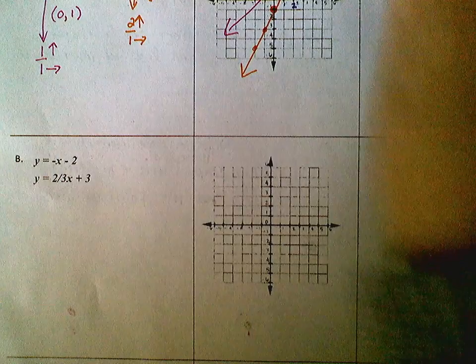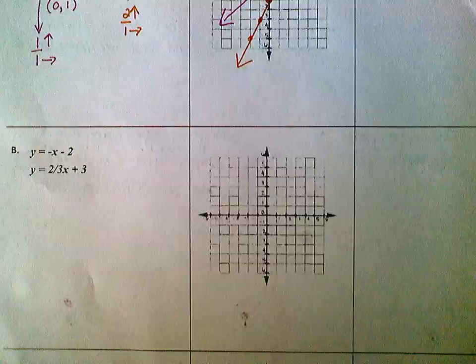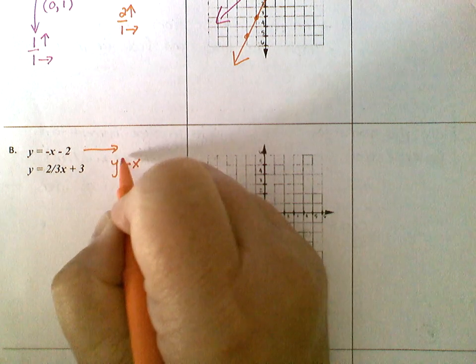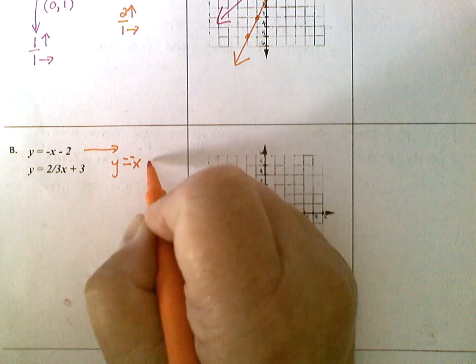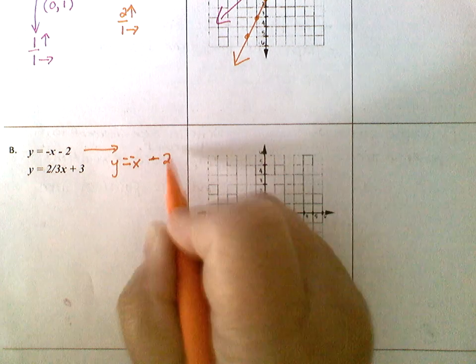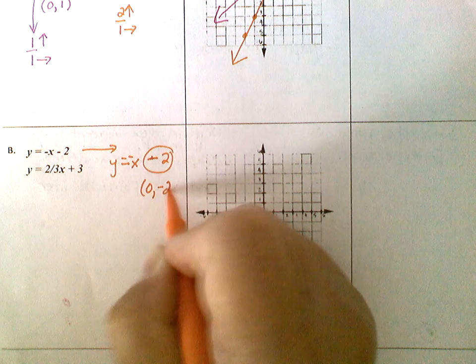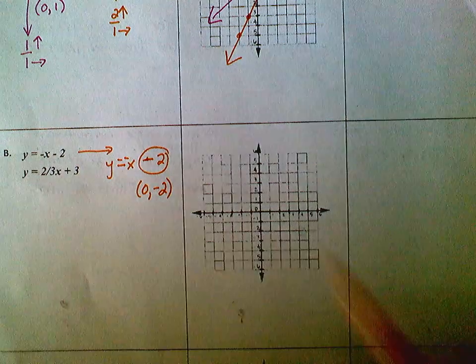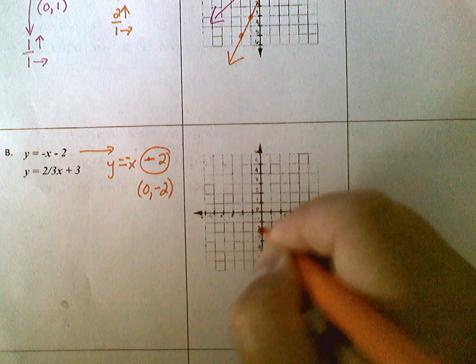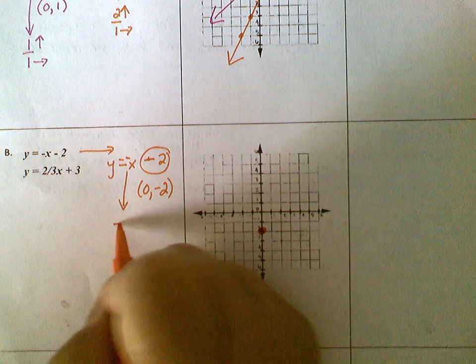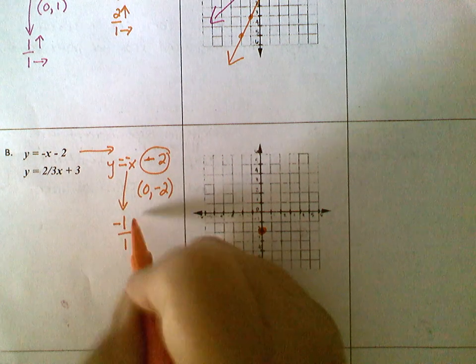All right, if we look at our example B, we will see, we start again at our y-intercept, which is 0, -2. And then our slope for this one is -1 over 1.